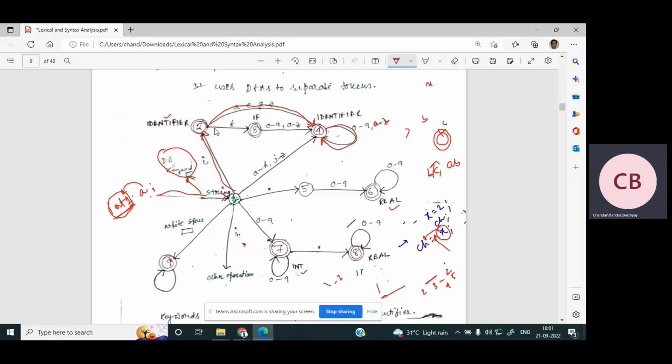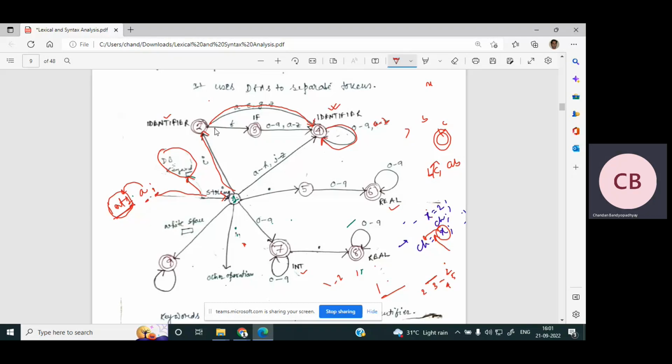So int1 is accepted as an identifier. So it is a valid token accepted by the lexical analyzer, categorized as a valid token, and it puts int1 in the symbol table by considering it an identifier. For A and semicolon, there is no problem.